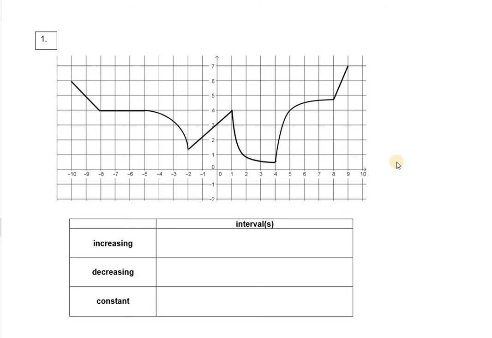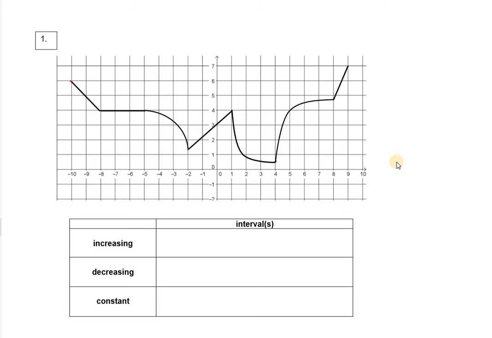Okay, here's problem number 1. One of the first things I want to point out here is that notice my line of my graph does not go all the way to the edge of the grid. So that means my graph actually stops at those points. Remember I told you in a previous video that if your graph goes to the edge of the grid, it's assumed that it's going to continue on forever.